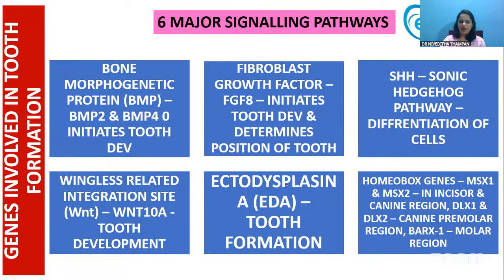There is BMP or bone morphogenetic protein, FGF8 or fibroblast growth factor, then SHH, the sonic hedgehog pathway, the WNT pathway, ectodysplasin A, and the homeobox genes. These are the 6 major signaling pathways which help in tooth development. Any mutation happening to any of these genes can result in pathology.